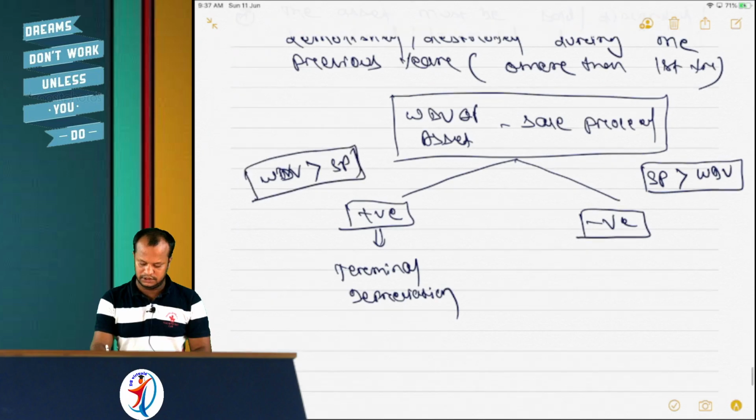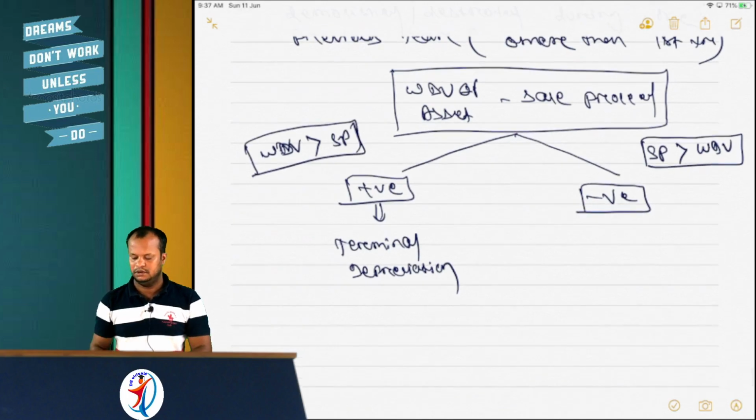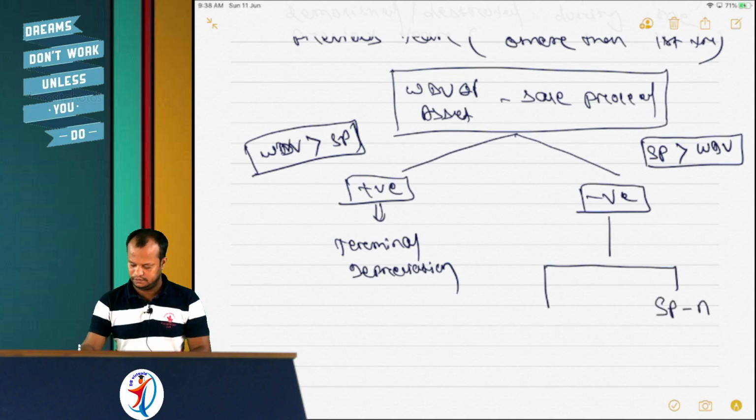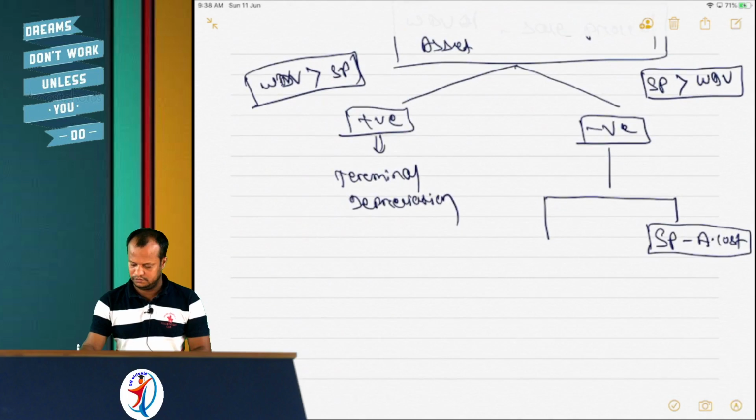So if sale proceed is greater than WDV, then sale proceed minus actual cost.